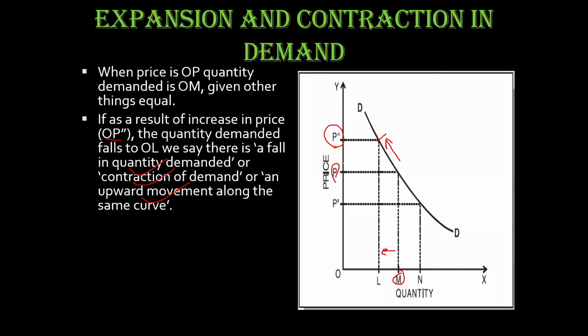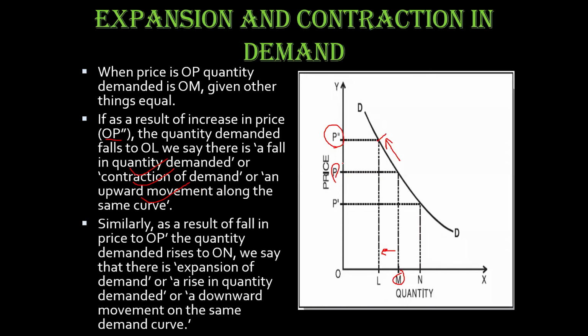Now let us take the example of a price decrease. Similarly, as there is a fall in the price, it becomes OP dash. When price becomes OP dash, the quantity demanded increases, it becomes ON. And when there is a rise in quantity demanded, it can be called rise in quantity demanded or increase in quantity demanded.